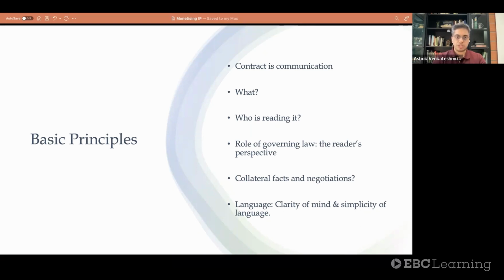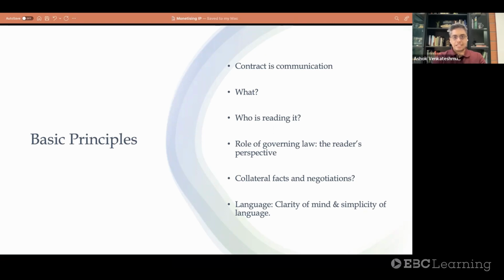Three main principles to keep in mind. The intent is always gathered from the words of the contract itself, and not from the intent applied by the parties at the time of the contract being enforced. Your contract is supposed to convey its message on its own, without any external party supplying the meaning of any clauses.